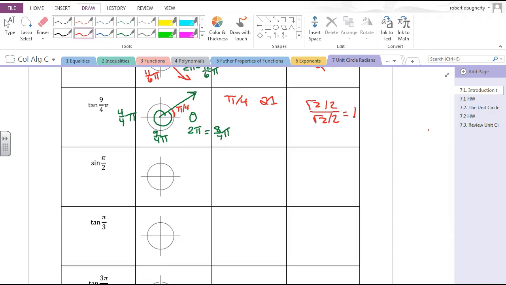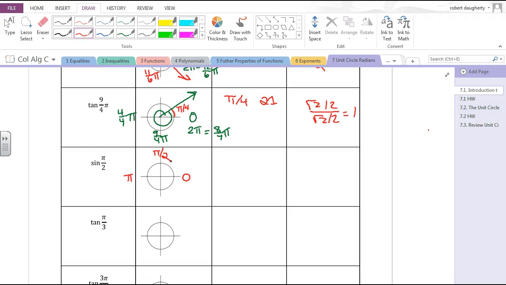Okay? Is this all? I mean, it should start to make sense, but you're going to have to spend time with this to get comfortable with the fractions. Sine of pi over 2. If this is 0 and this is pi, where is pi over 2? Yeah, it's halfway between there, okay? On my unit circle, sine corresponds to what value?